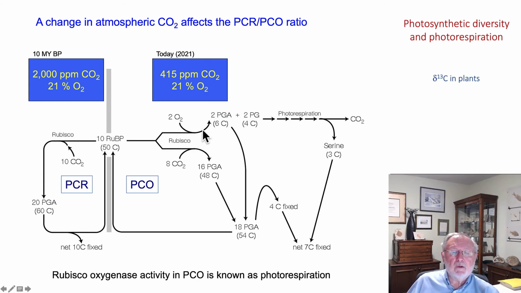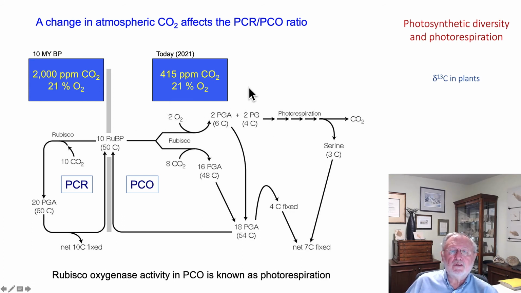When it combines with oxygen, we have phosphoglycolate formed instead of phosphoglyceric acid, and that eventually gets shuttled around, resulting in the release of carbon dioxide. This process of releasing CO2 during photosynthesis is known as photorespiration. It only occurs during photosynthetic periods, and any process that results in the emission or efflux of CO2 is known as a respiration.